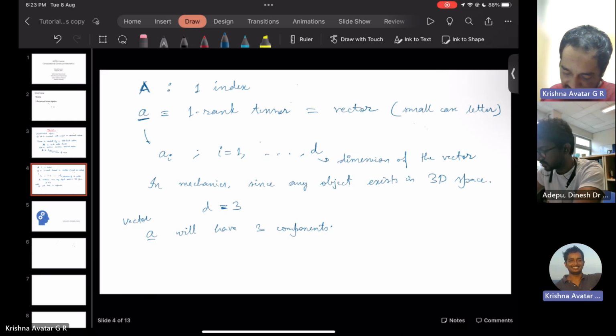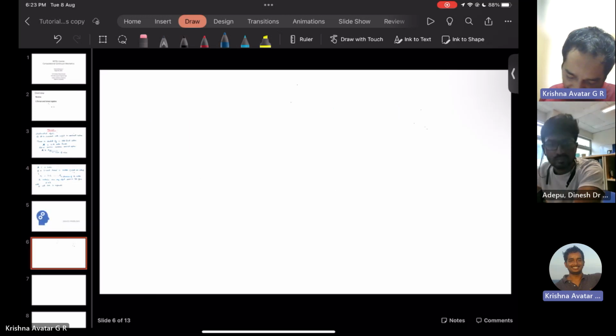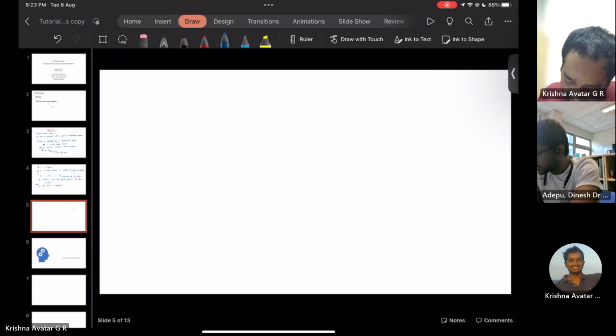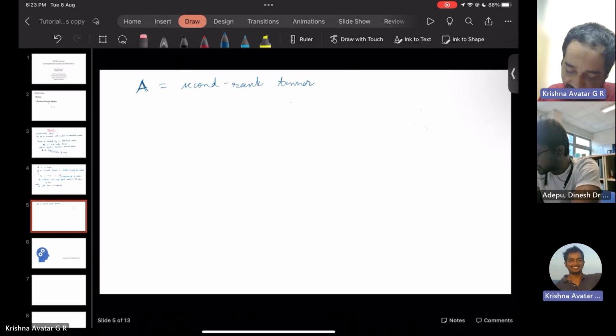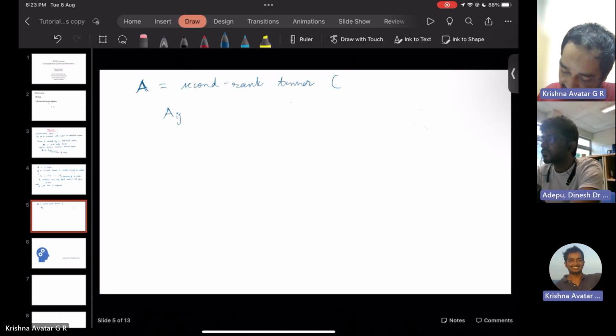Okay, and at the same time, let me also introduce the concept of a second order, or second rank, tensor. Usually the second rank tensor, in any reference system, will have two indices, say i and j, and it's usually written as a boldface uppercase letter.